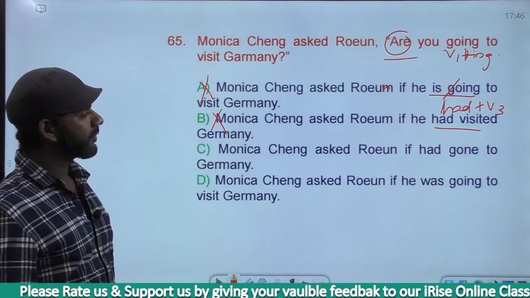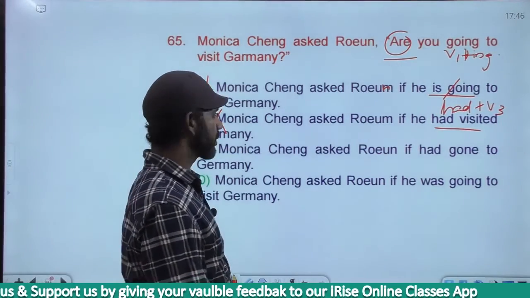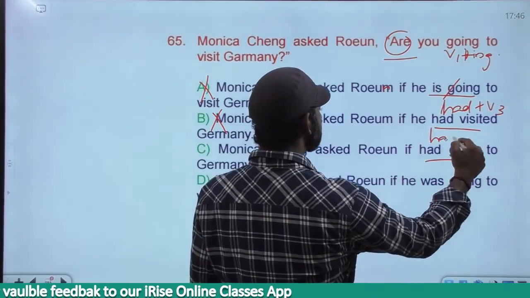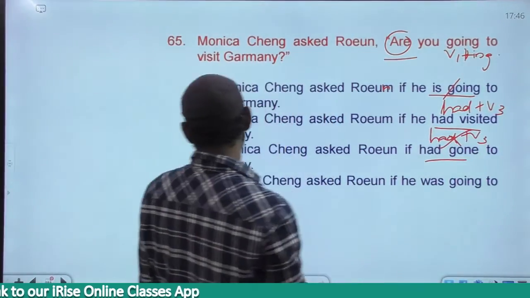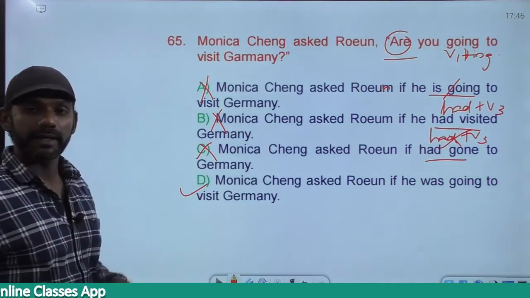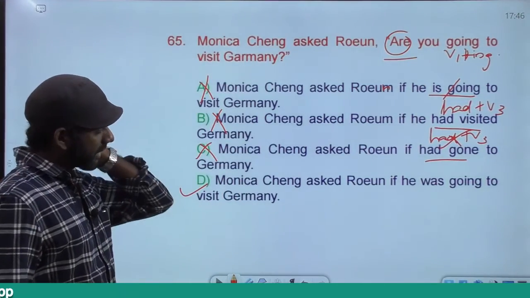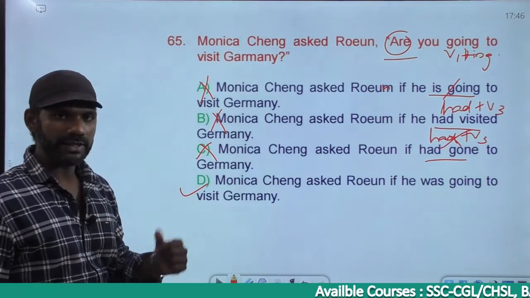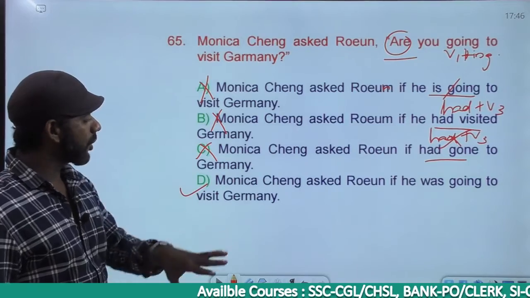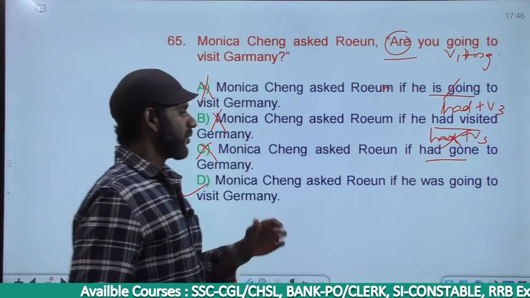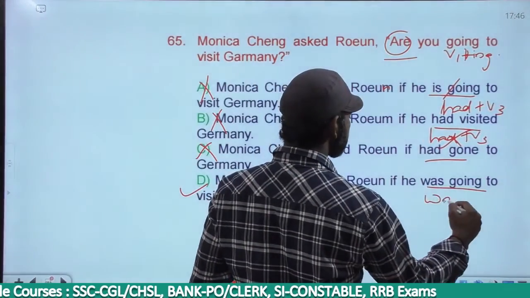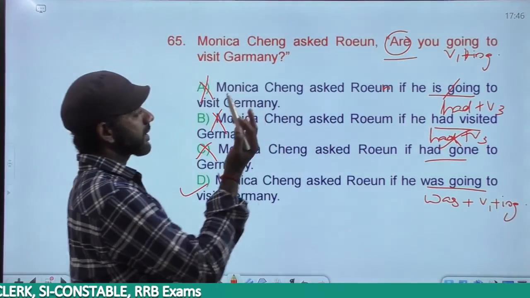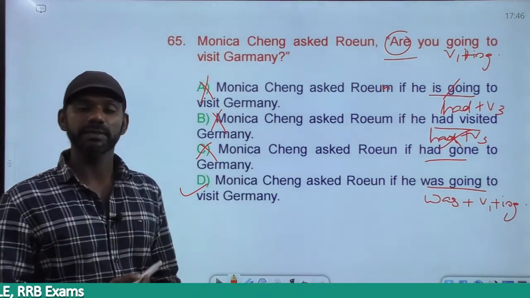Monica Cheng asked Ryan if he had gone to Germany. The only thing is he is missing. Had gone is had plus V3, past perfect, eliminated. Only one option is left. Come to Delhi. It must be correct. Monica Cheng asked Ryan if, interrogative sentence, if or whether, either of these two is fine. If he was going to visit Germany, was going is was plus V1 plus ing, past continuous. Present continuous became past continuous. The answer must be option D.